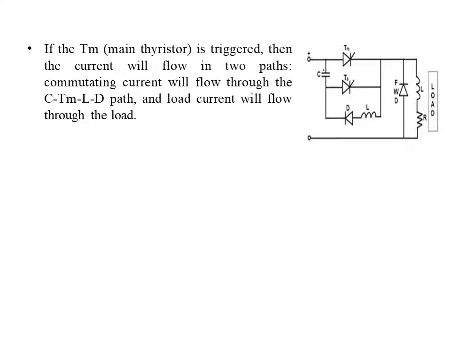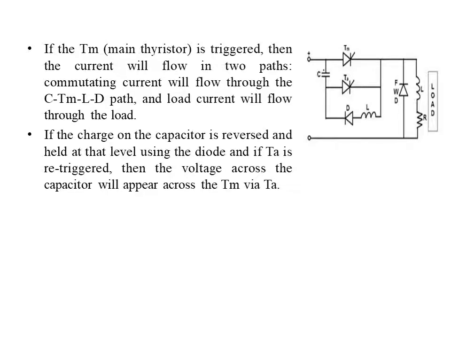If Tm, that is the main thyristor, is triggered, then the current will flow in two paths: the commutating current will flow through capacitor C, main thyristor Tm, inductor L and freewheeling diode D path, and the load current will flow through the load.